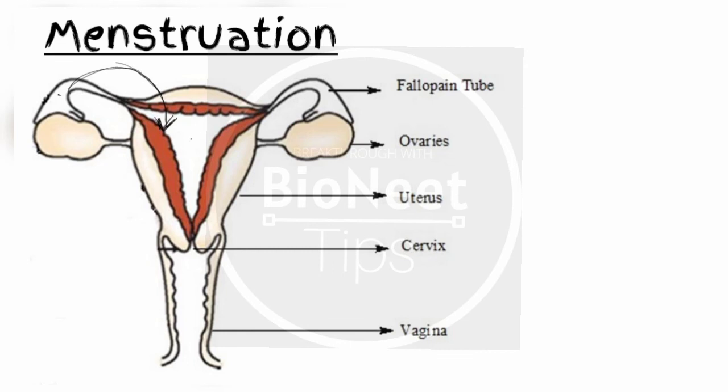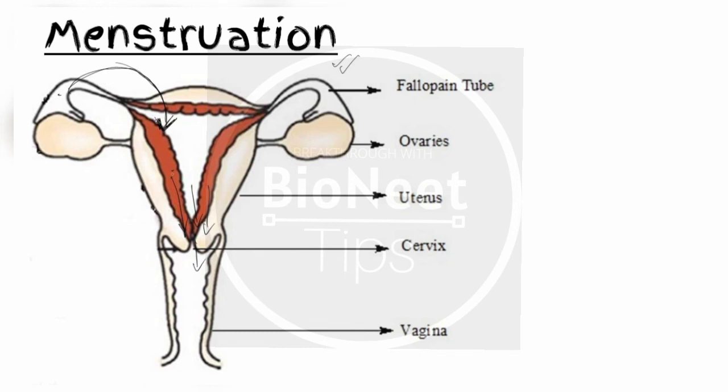And this uterine wall sheds off in the form of blood and mucus. So this process is called menstruation. This happens when fertilization has not taken place. So the ova, which is produced by the ovaries, moves towards the fallopian tube, then comes towards the uterine wall.